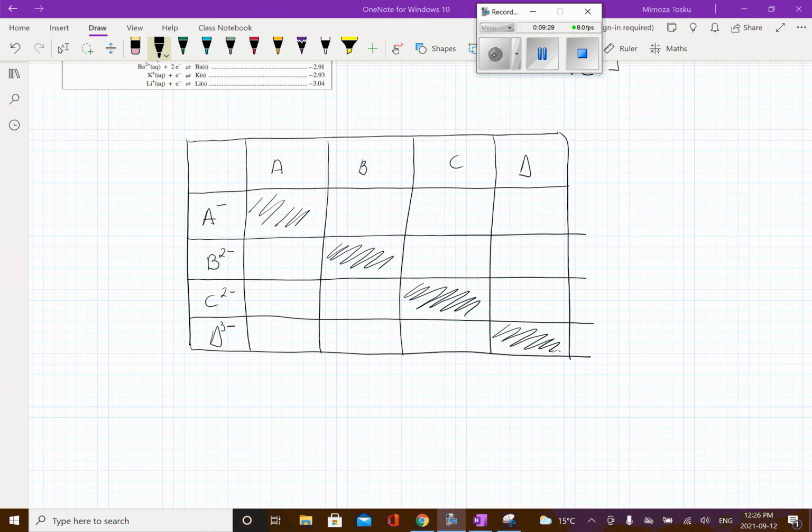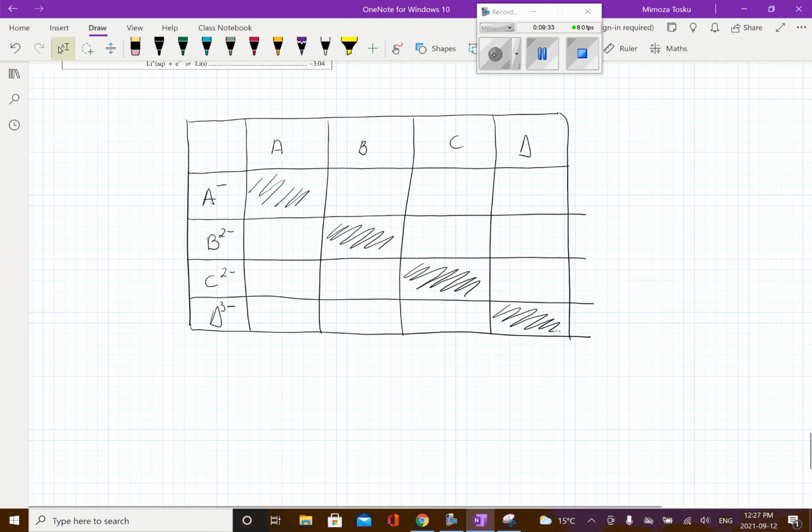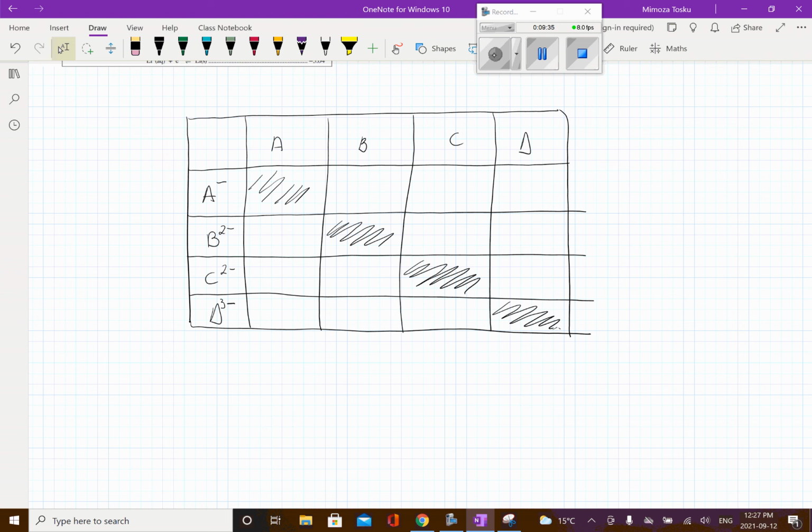So you will see something like this when you have A, B, C, D, or W, X, Y, Z, and a list of ions like this in the table here. What we see is that the reaction of each with itself is non-existing, because what is happening when you combine A and A minus?